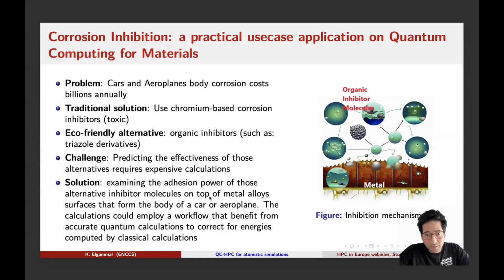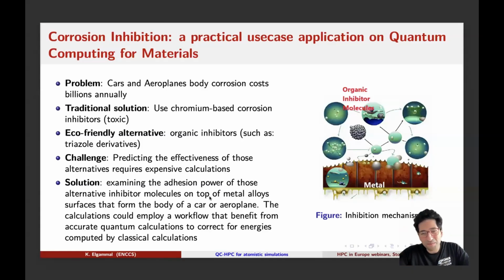The challenge here is to really predict the effectiveness of those alternatives, so you need to do these atomistic calculations in order to reach a verdict. One simple way to simplify the problem is to examine the adhesion power between those alternative inhibitor molecules and the alloy that forms the body of your car or airplane.